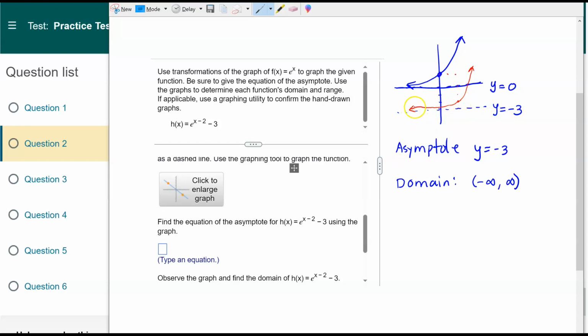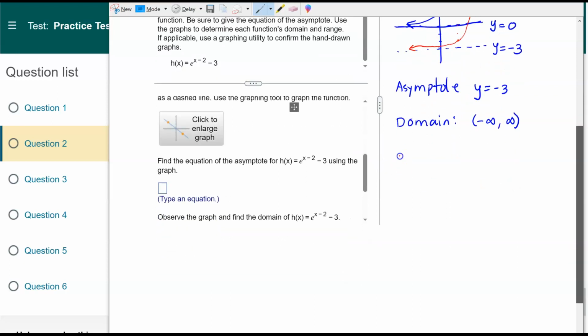So that's the rough sketch of the graph for h of x. For the range, it will be the set of y values, right? Because it's increasing, it's above the asymptote.